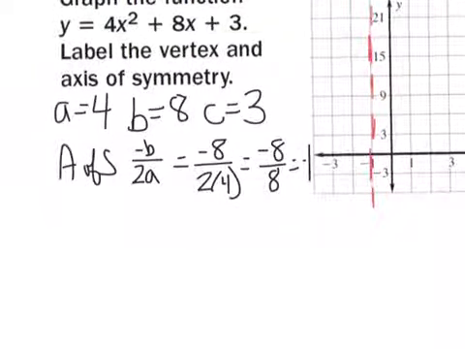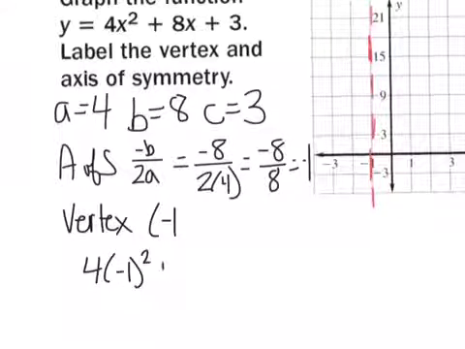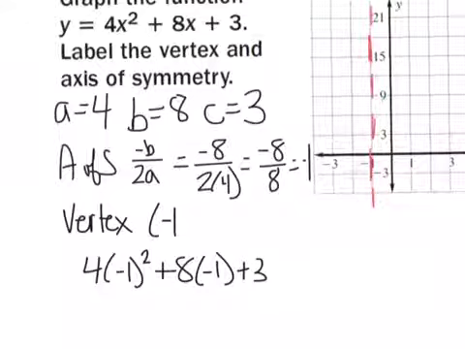Okay, so the next step is to find that vertex. Okay, and I already know that the x is at negative 1 because it has to be on my axis of symmetry. So I'm going to plug in negative 1. So I have 4 times negative 1 squared plus 8 times negative 1 plus 3.